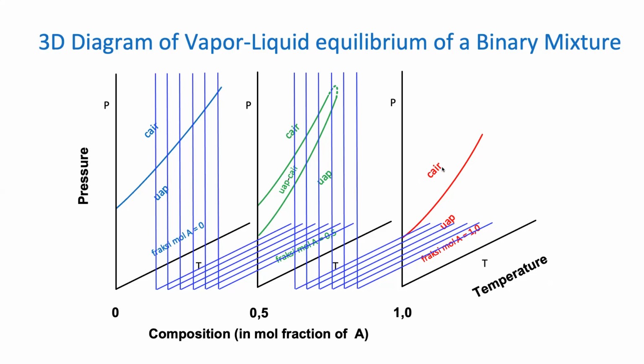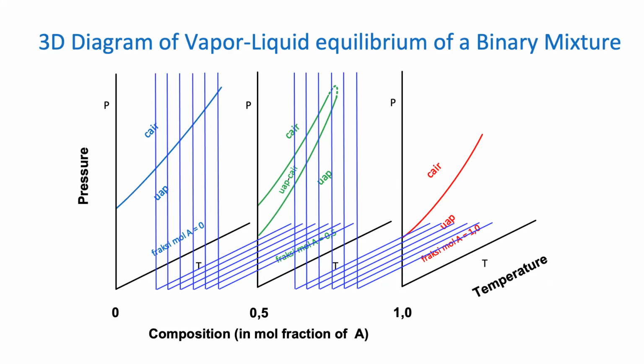So this is the liquid and the vapor, so this is the line. Like we saw before, it starts from the liquid and goes to vapor, cair ke uap. Okay, and then when 0% A, which is 100% B, the blue one, we also have the line there.